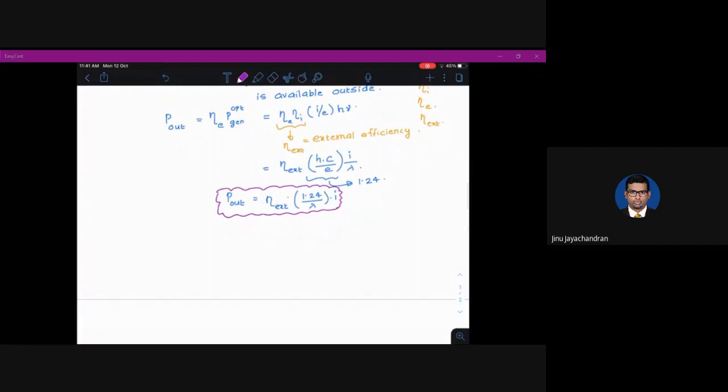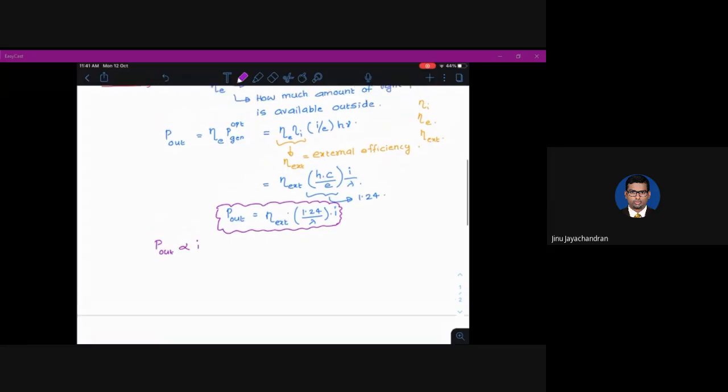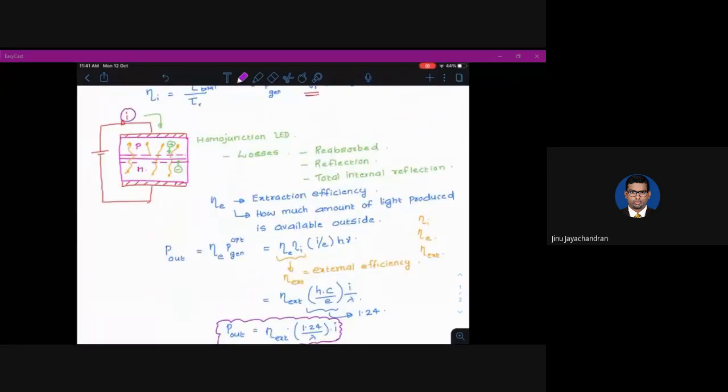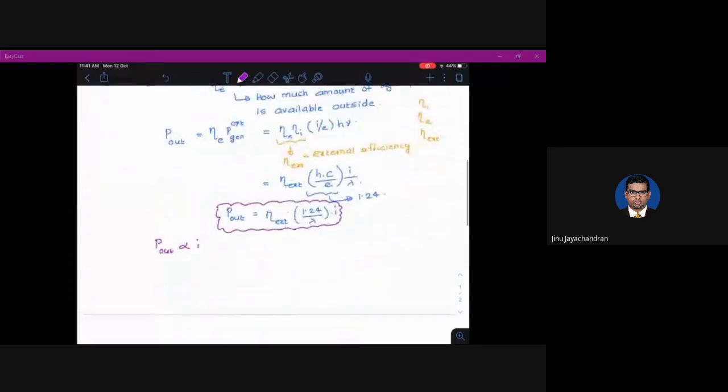And you see one thing here, that the power output is proportional to I. And what is I? I is the current that you supply. So if you supply more current, the power output is more, which means you will get more light.